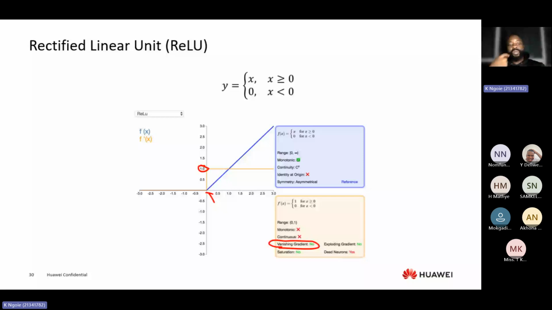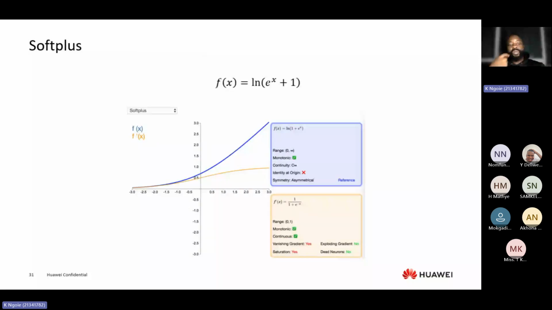Okay, and then the other one is the softplus, which is represented like this, which also has a vanishing gradient problem, right? So you also have to be very, very careful, okay?